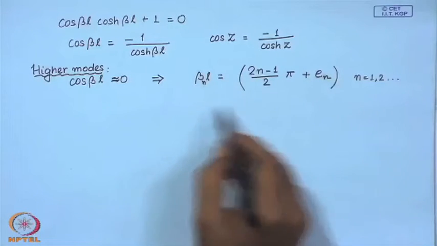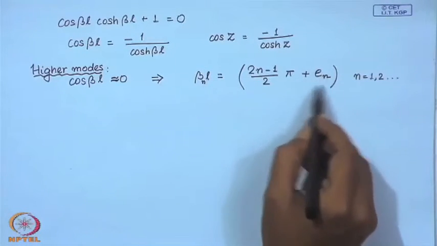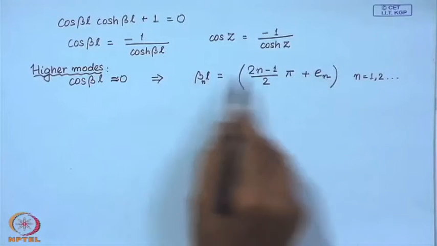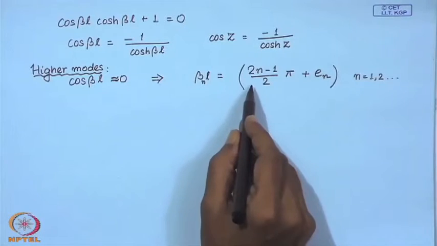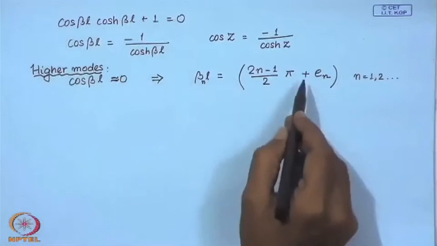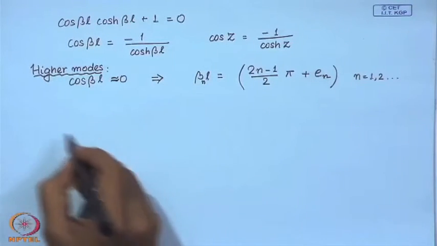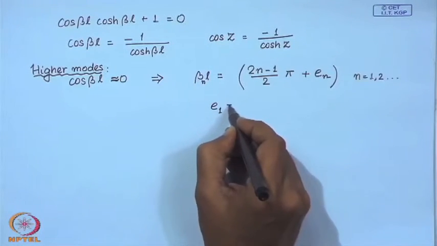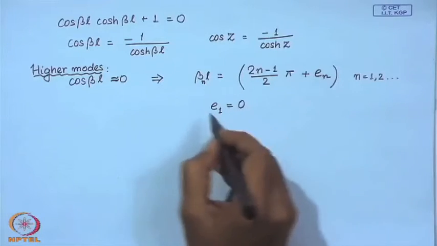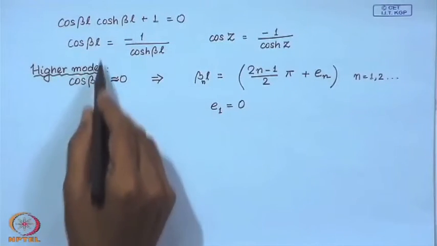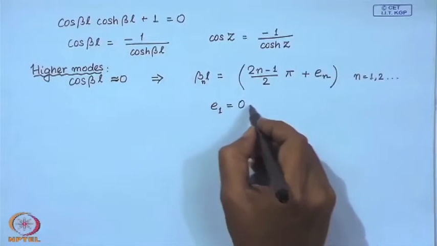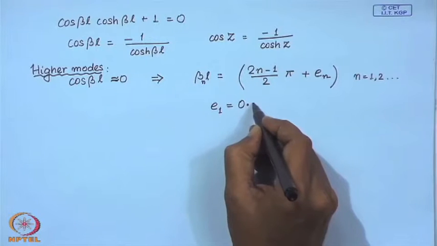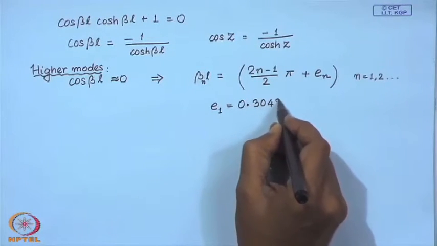Now, when I have added this E n, this small error, then I can claim that this is a solution of this. For E 1, if you calculate the first solution of this characteristic equation, then it will deviate from this value by this amount.